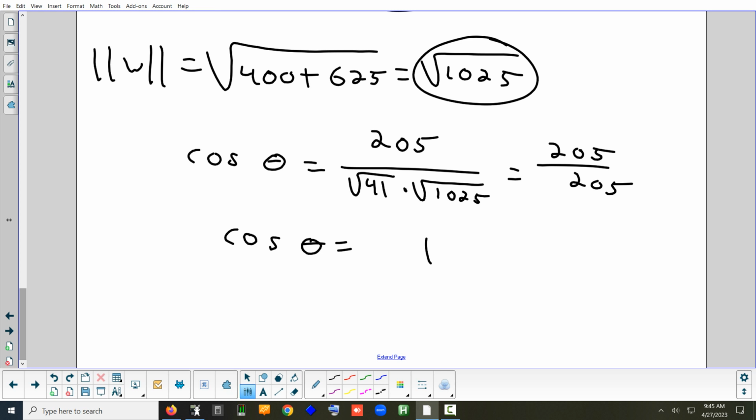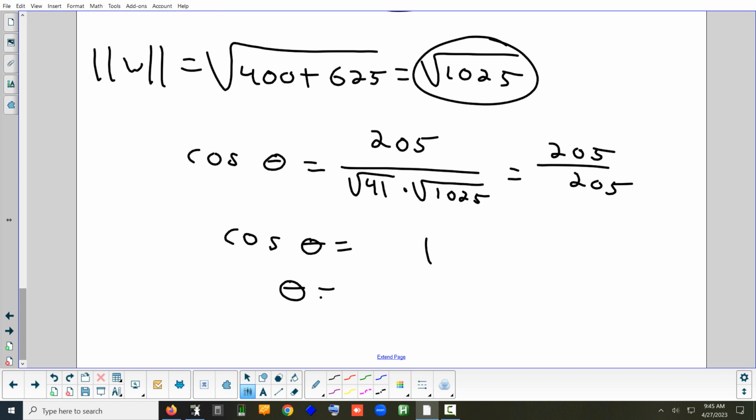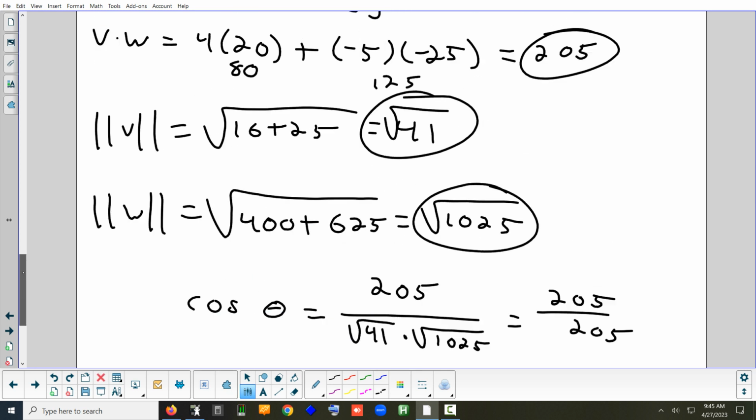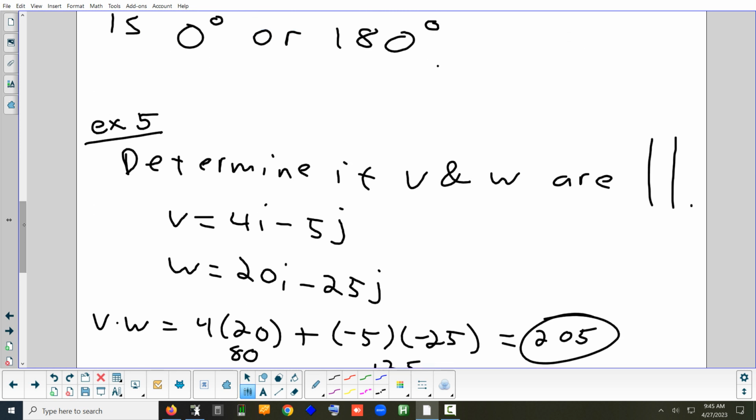And now if you take the inverse cosine of each side, the inverse cosine of 1 gives you a 0-degree angle. And we just said if the angle is 0 degrees, they're parallel. So writing 0 degrees here does not answer the question. The question was, are they parallel? So we would write yes. Don't put 0 degrees. So determine if they're parallel. Yes, they are parallel.